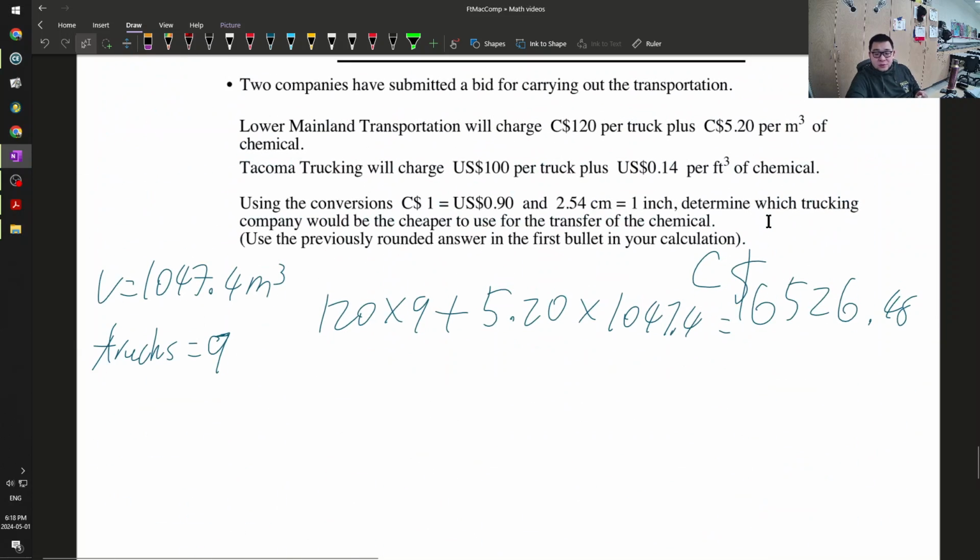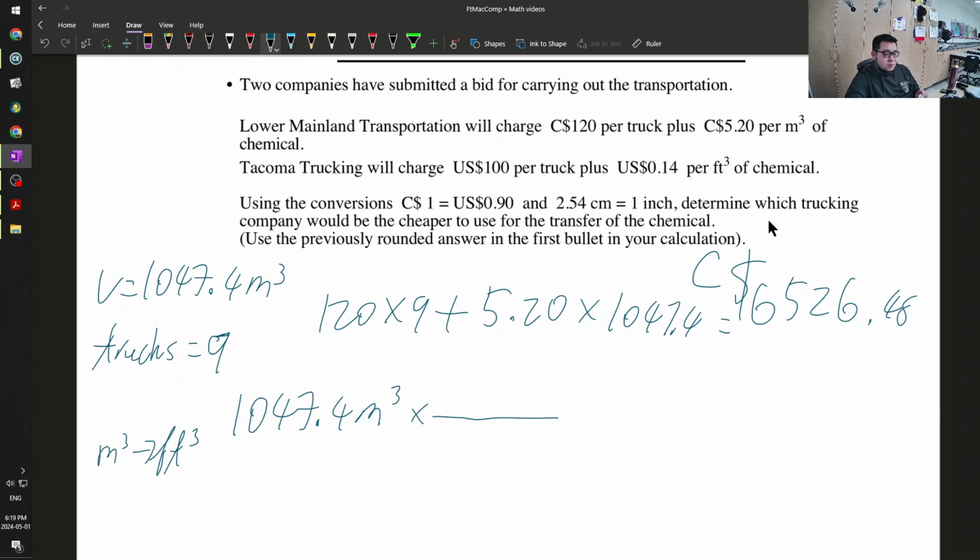Okay, let's just do it all together. First we have to convert 1047.4 meters cubed into feet cubed. So meters cubed times, we have to convert to centimeters first. 1 meter is equal to 100 centimeters, but this is cubed, so I have to cube everything.